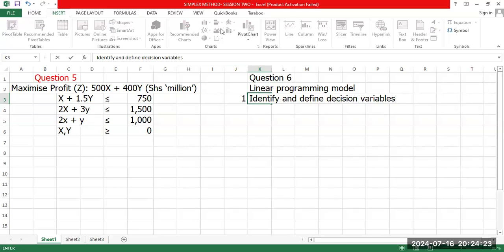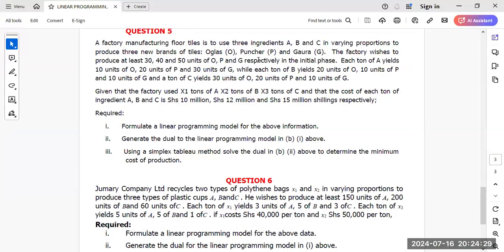So in this question, what are our decision variables? Remember I said, in a situation where you are confused about decision variables, first read through and identify constraints. Once you identify constraints, it can be easy for you to come up with decision variables.